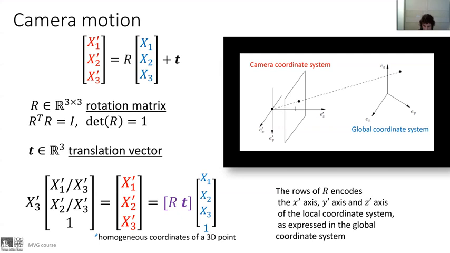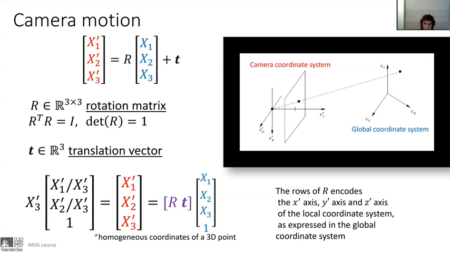Why is the leftmost representation useful?